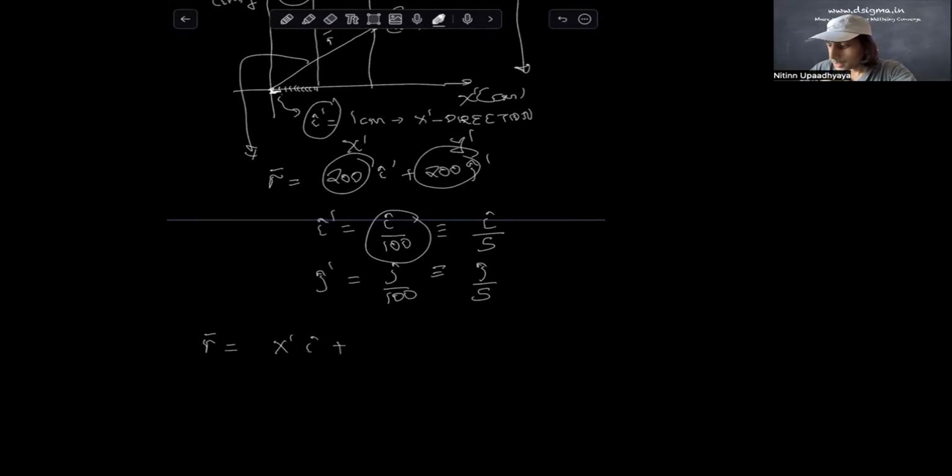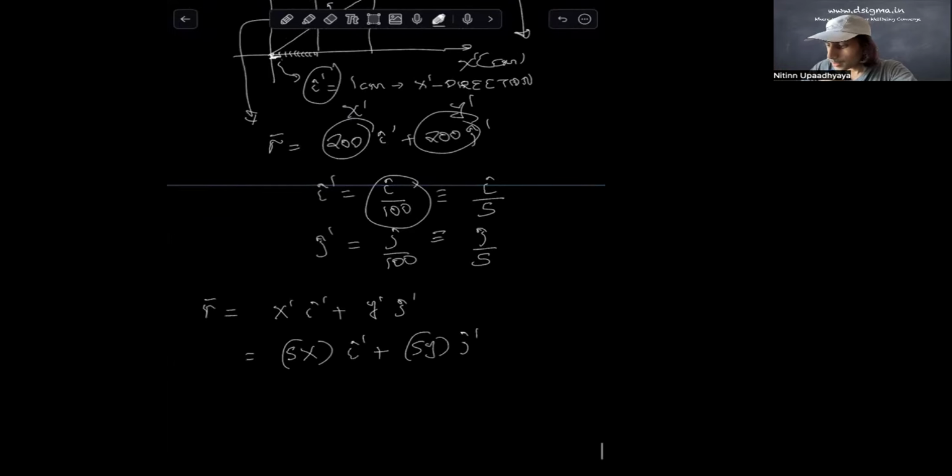Then if I write this as x prime i prime plus y prime j prime, the new component along the x direction is the old component x scaled up by the same amount s, times i prime, plus the y component is also scaled up by s, times j prime. But notice that i prime is just i divided by s and j prime is j divided by s.